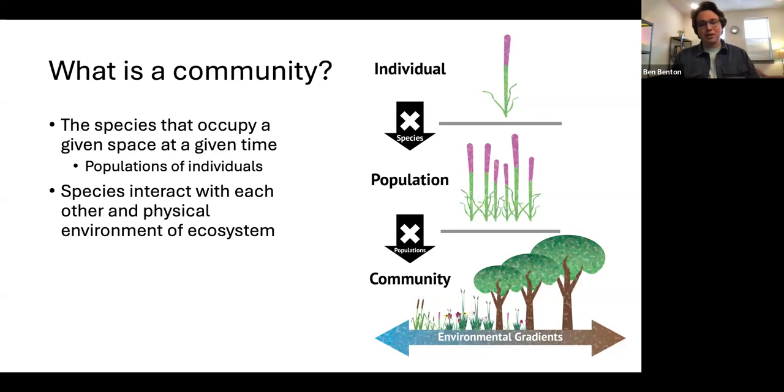And whenever you have populations of different species, that forms a community in a given area. The communities will change in what species are present and how abundant they are. Their relative abundance within the community will change over environmental gradients and respond to a variety of factors.